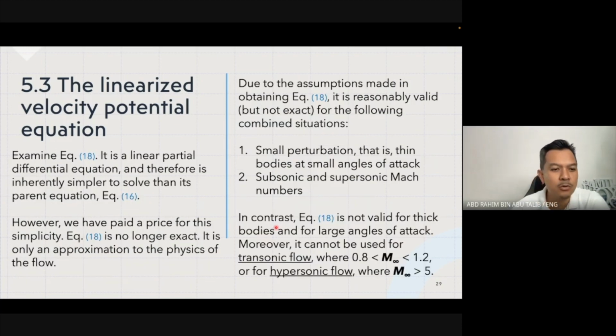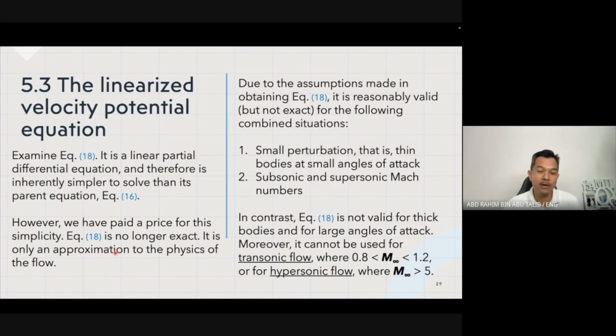However, we have paid a price for this simplicity. Equation 18 is no longer exact, because we have reduced significantly the other components. It is only an approximation to the physics of the flow.